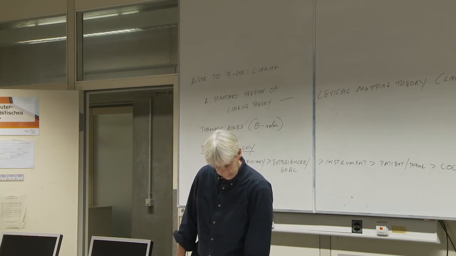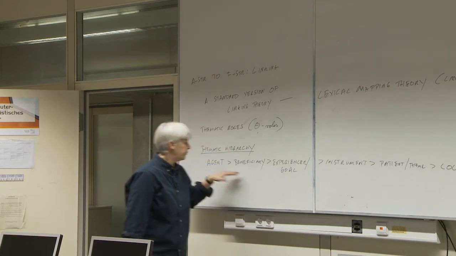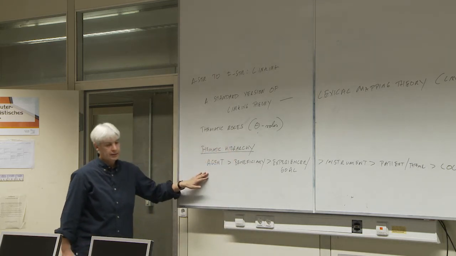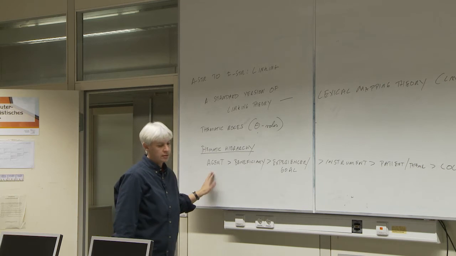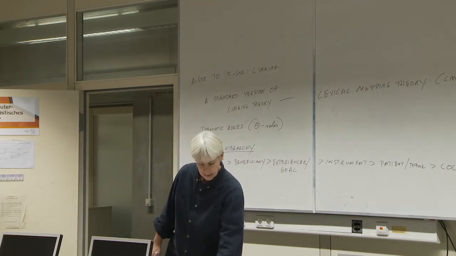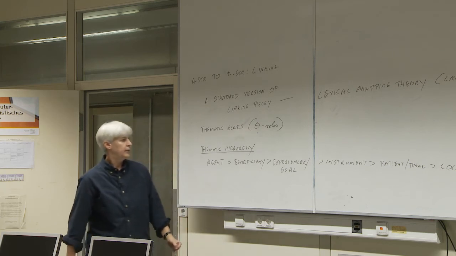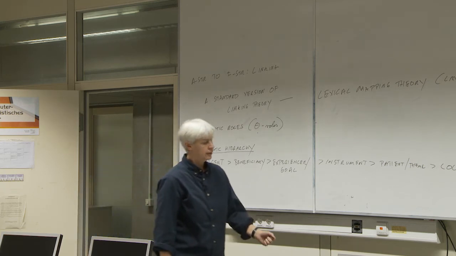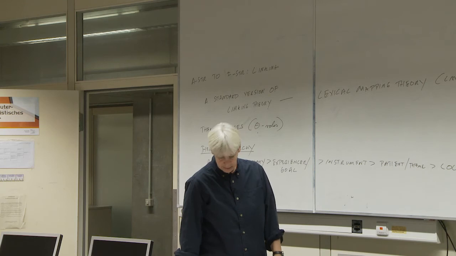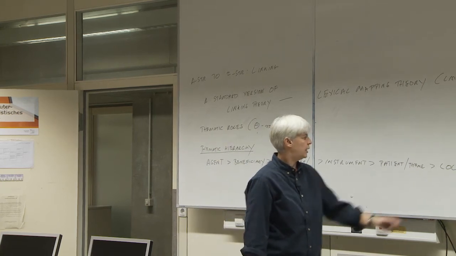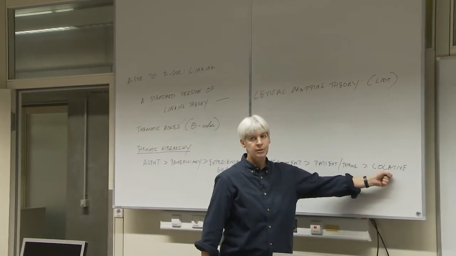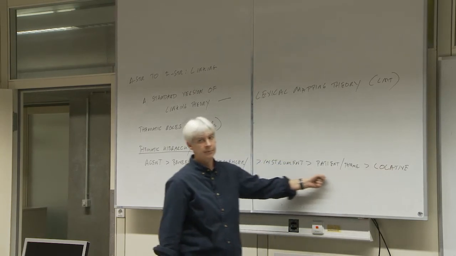Different theories have different versions of this hierarchy. LFG has this version because of evidence from idioms. When you form idioms, things like put somebody to shame, you tend to form idioms starting here and moving up.